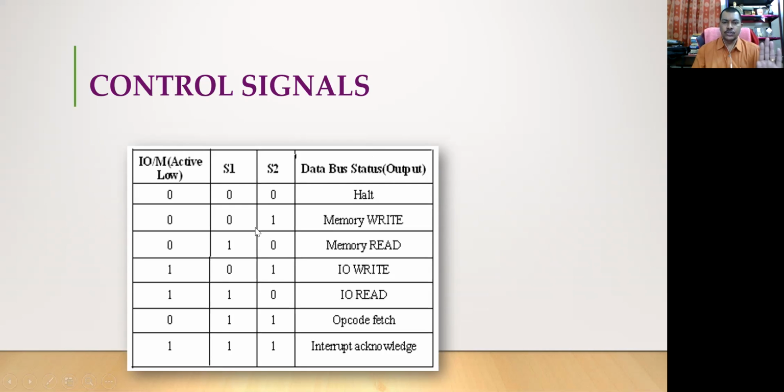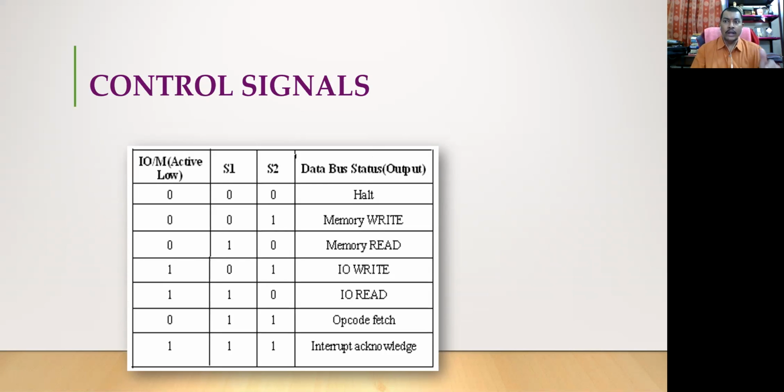When it is 0, 0, 1, it is going to write in the memory. When it is 0, 1, 0, it is going to read from the memory. When it is 1, 0, 1, it is going to write to the input output devices. When it is 1, 1, 0, it will read the input output devices.